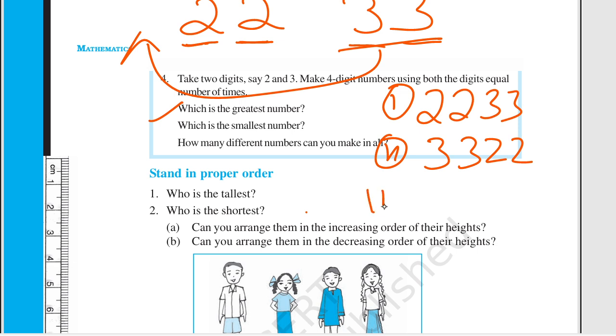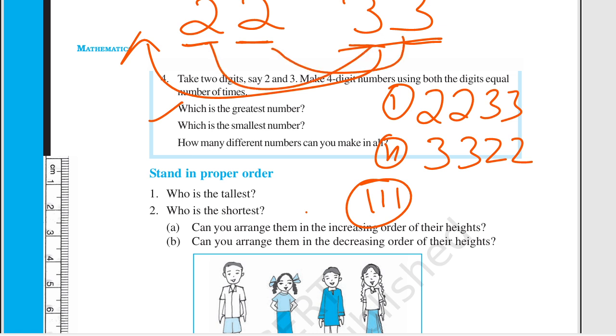Now the third, there is no such condition that we have to use the digits simultaneously. We do not have such a condition. Means we have to just use each digit an equal number of times. So we can move 3 over here and over here.